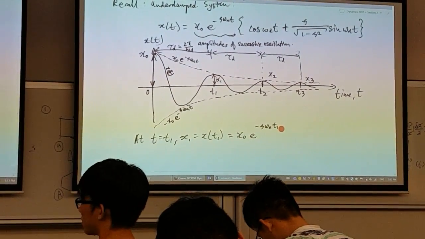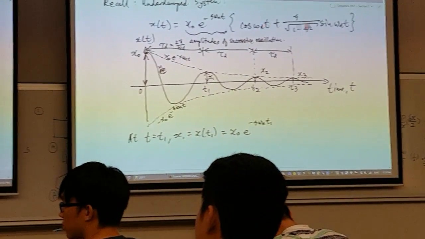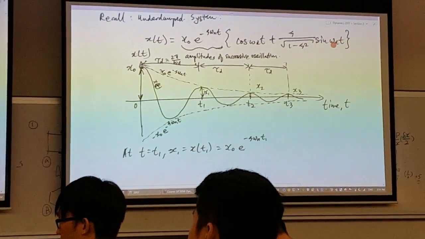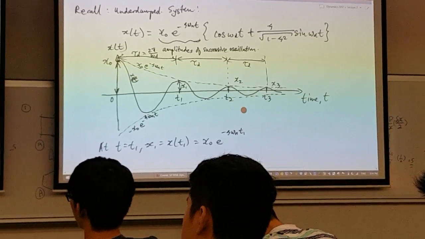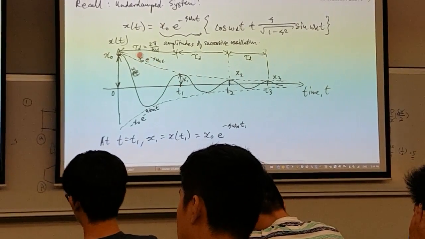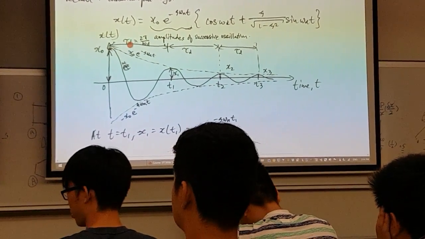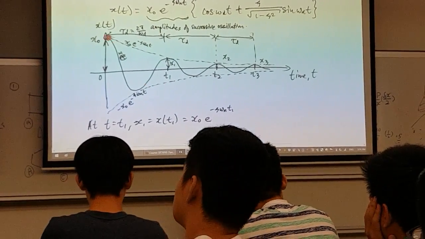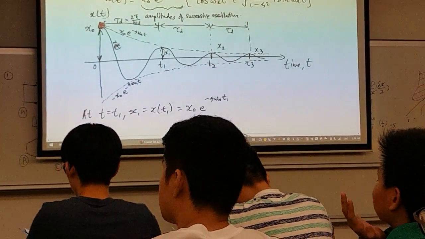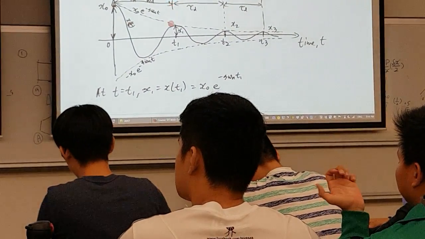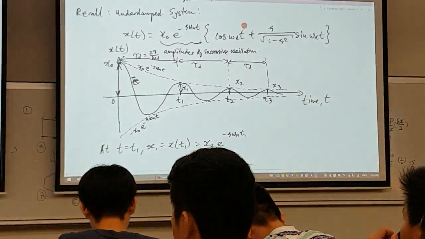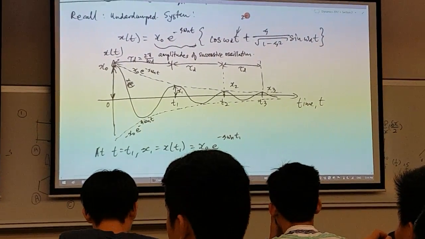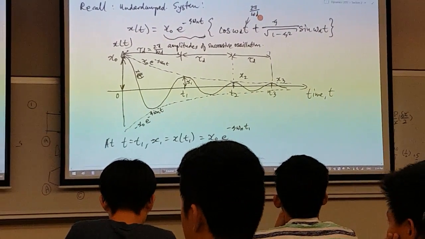And I wouldn't substitute t1 into the rest of it. Why not? Because t1 is actually the time that's equal to tau d. Tau d is the time that takes from here to here, which is also equal to t1. So this t over here will be 2 pi over omega d.